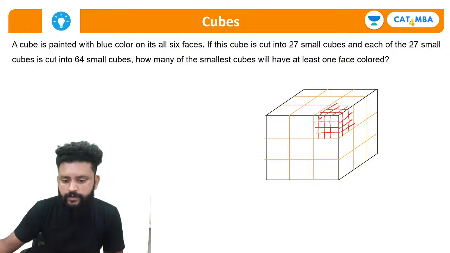So this will be two surface painted, this will be one surface painted, this will be two surface painted, so this one will be three surface painted, this will be two surface painted again. There are four, sorry, there will be one more. So this is one way to do it.